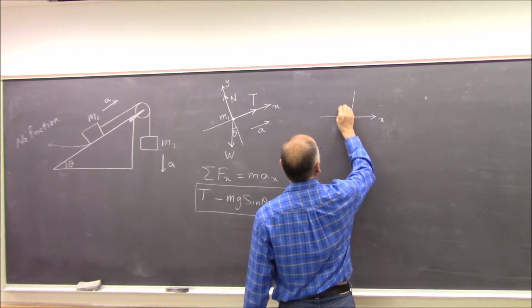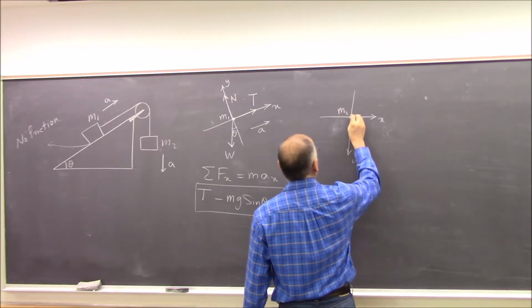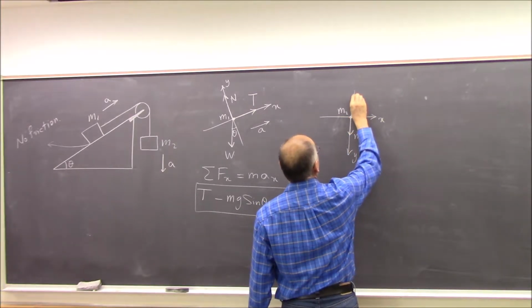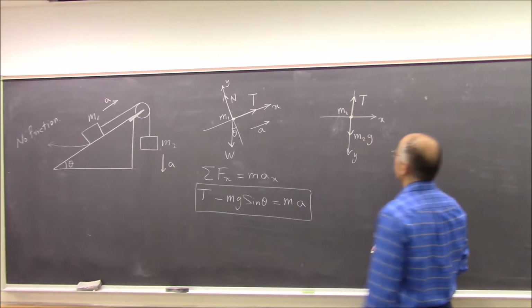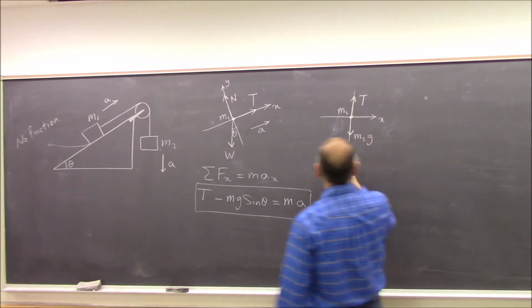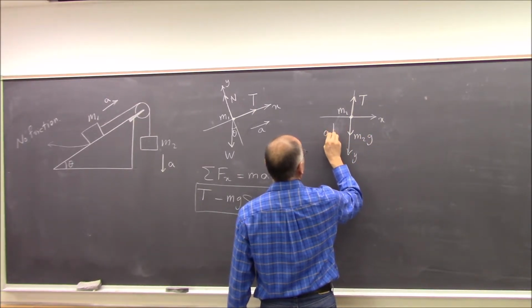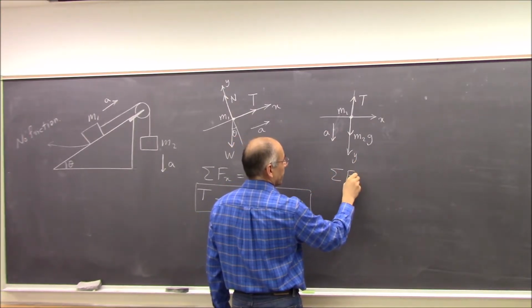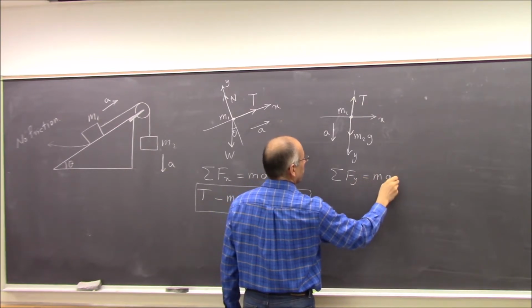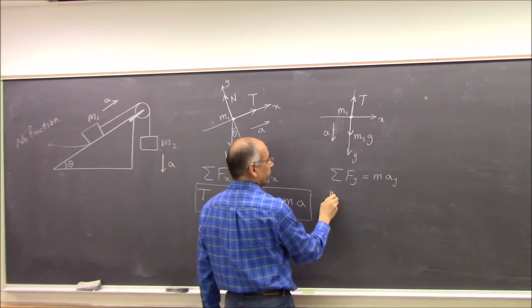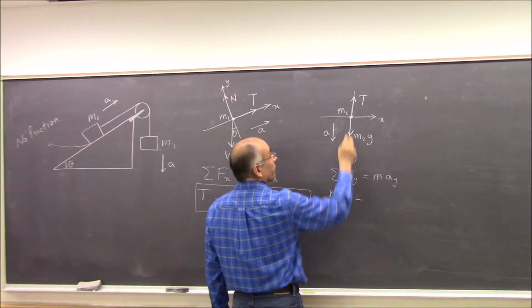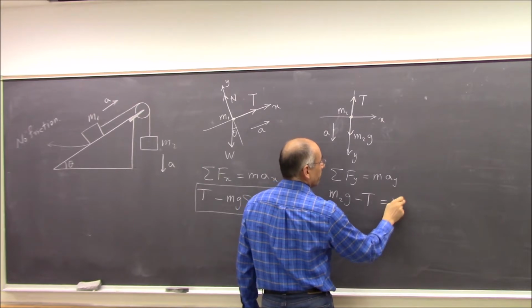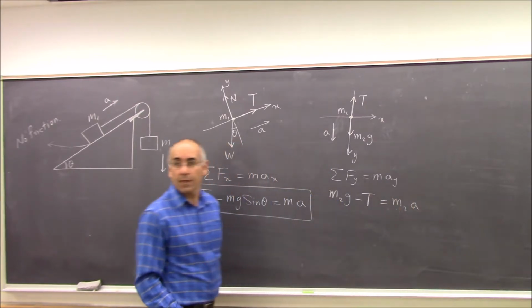For M2, you have M2g downward and T upward, and you have the acceleration downward. So if y direction is downward, sum of Fy equal to May gives you M2g positive minus T magnitude equal to M2 times a. Right?